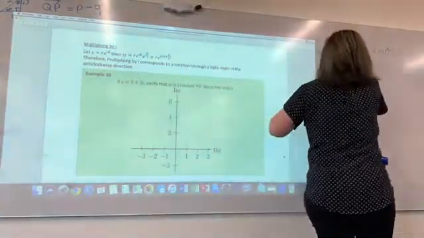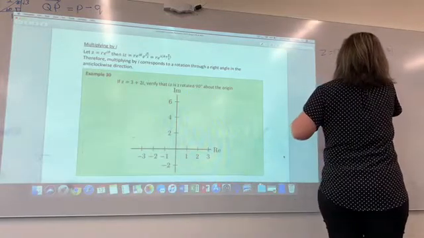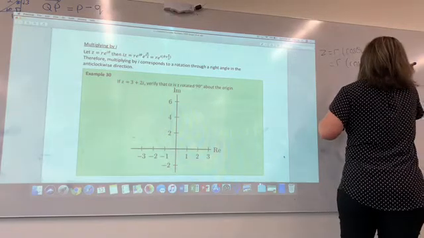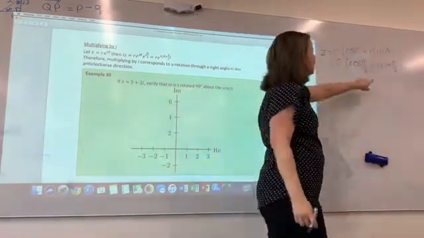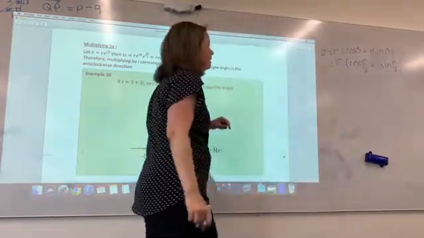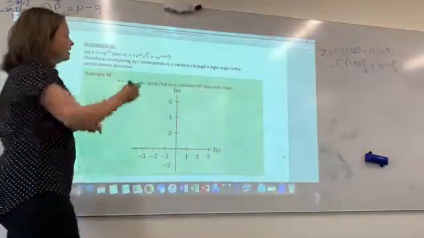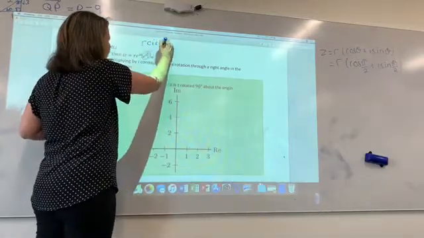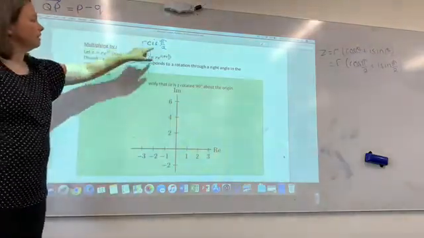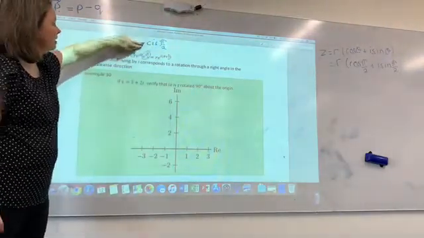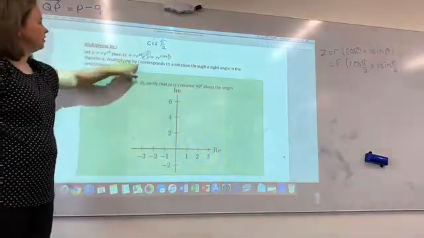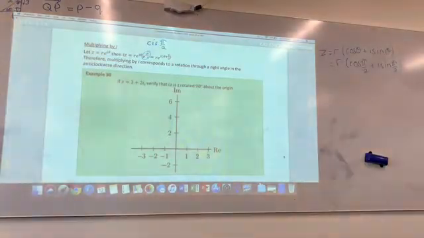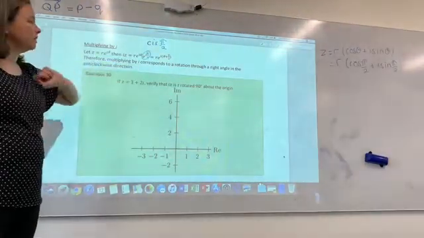So if we have r times cos pi on 2 plus i sin pi on 2, that becomes 0, that becomes 1, and we get just i in there, which is why in that exponential form, that's just r cis pi on 2. So if we want to rotate a complex number 90 degrees anti-clockwise, it's the same as multiplying by i.